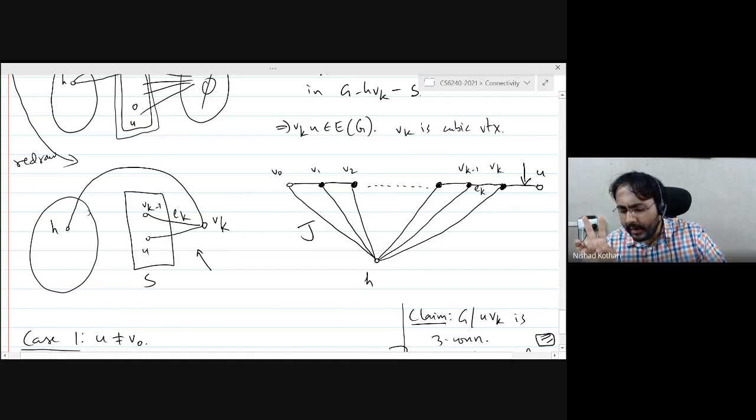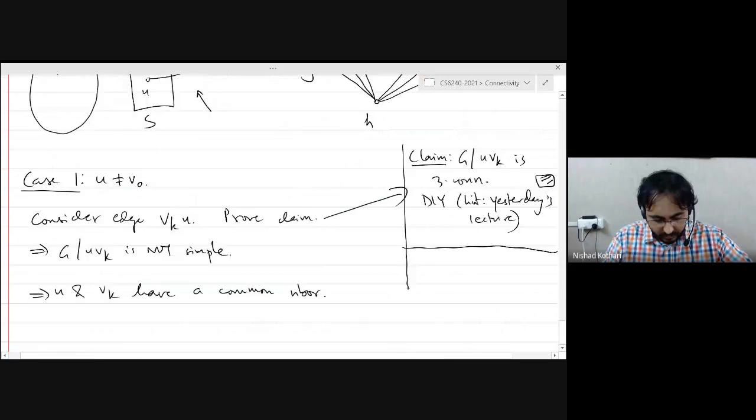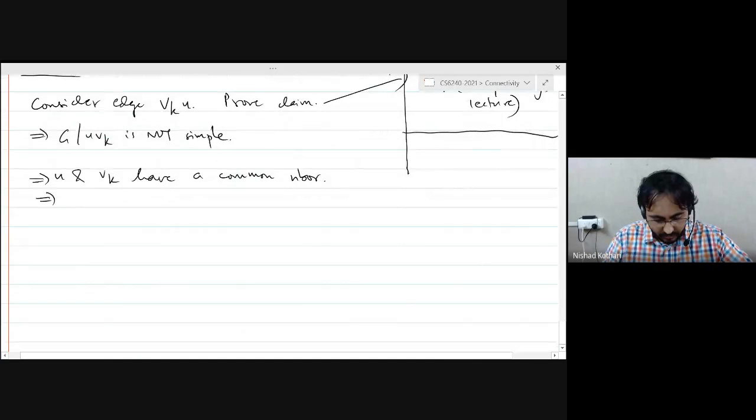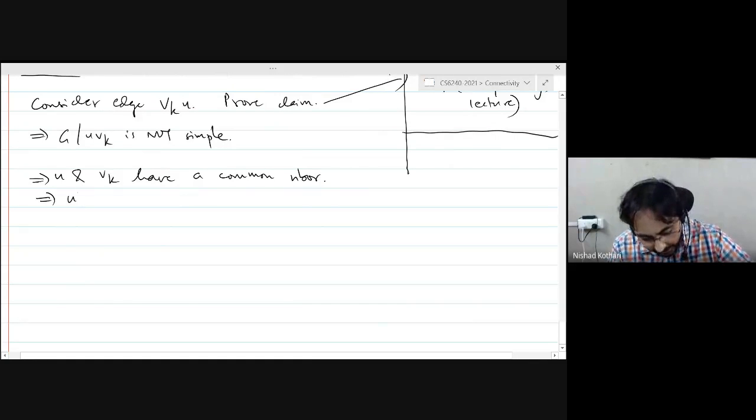How can u and vk minus 1 be adjacent? What does it mean for u and vk minus 1 to be adjacent? It actually is possible, but then k is equal to something.